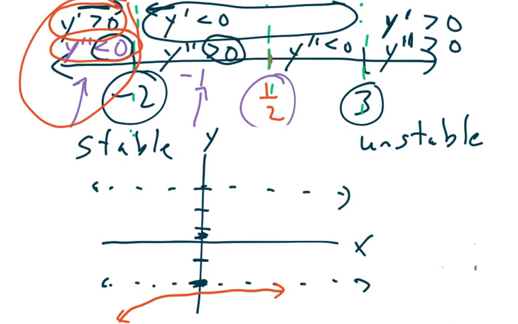Now, in between, remember the 1/2 now is going to be our inflection point here. Okay? So I'm just going to make a dot there. But we know that basically to the left, the slope is negative, meaning it's going down.